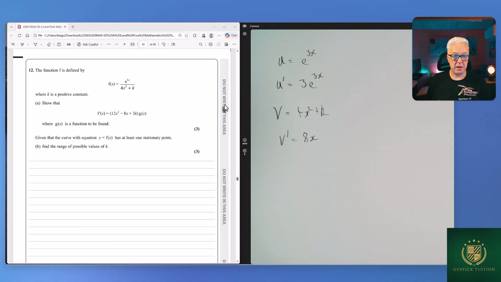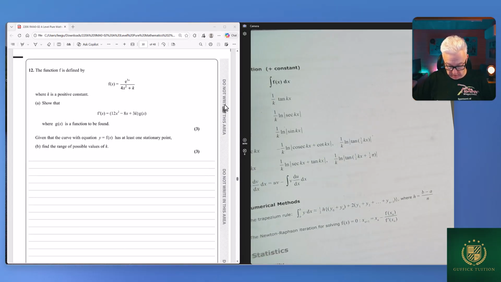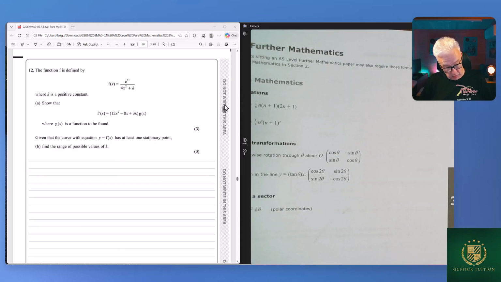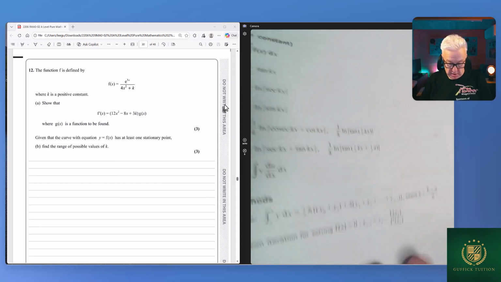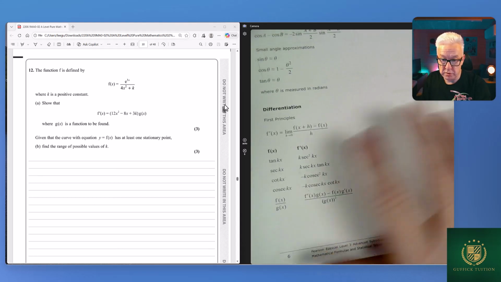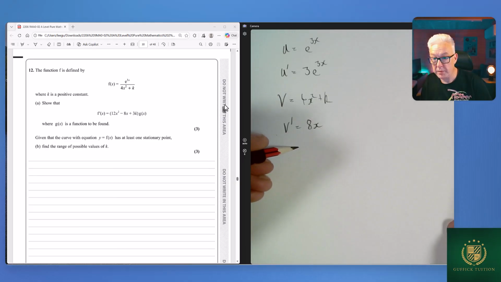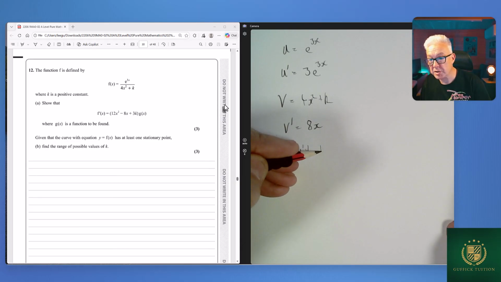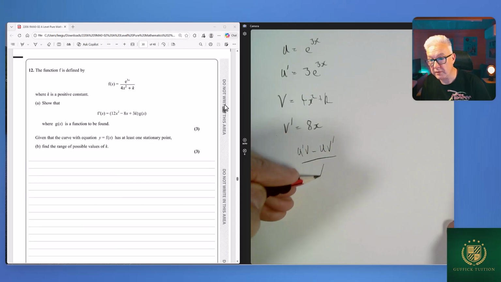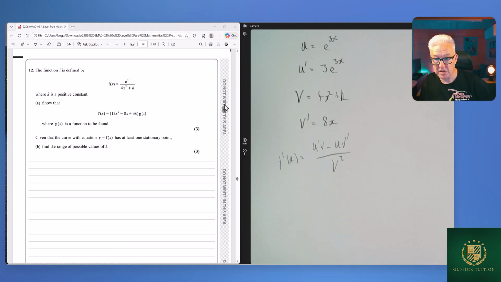In the formula booklet we're given a version of the quotient rule, which I always remember in terms of u's and v's: u dashed v minus u v dashed over v squared. So that's our derivative, f dashed of x.